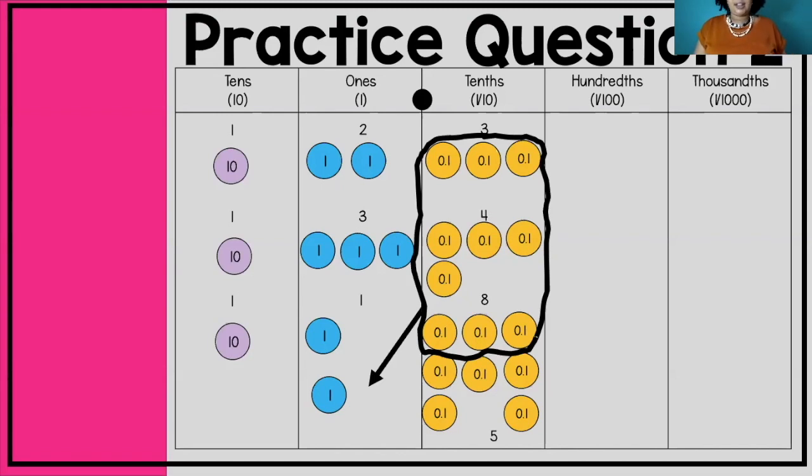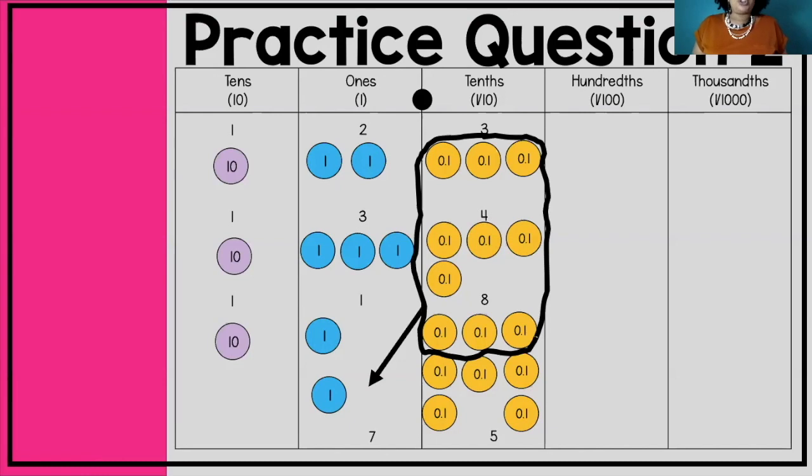Now I look and I see I have 5 left in the tenths place. Now I'm going to move to the ones place. I'm going to count to see if I can make a group of 10 ones. 1, 2, 3, 4, 5, 6, 7. I cannot make a group of 10 ones, so I just have 7 ones. There's nothing I need to rename there.